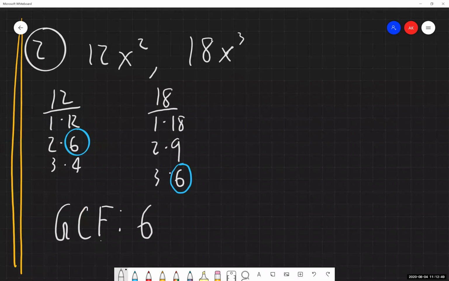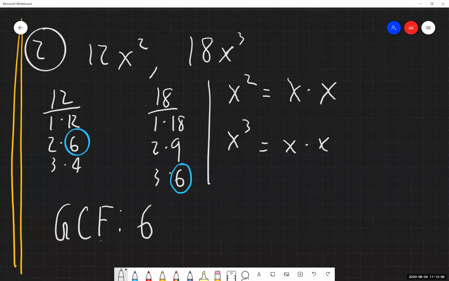Now I need to take a look at and determine that same or very similar idea with the x squared and the x cubed. I've got to work here a little bit. So x squared, x cubed. So we've expanded each of those variable exponents out.